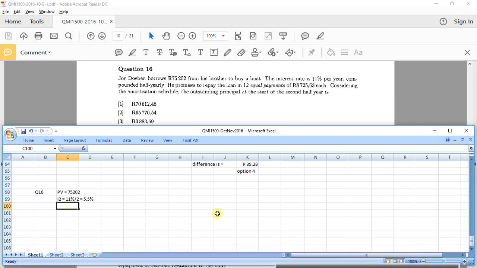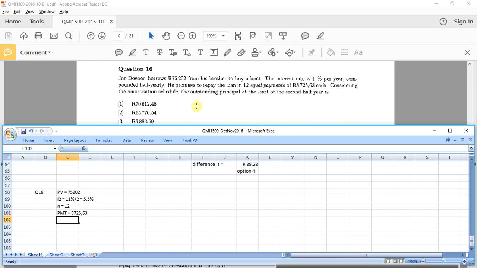Then you've got he promises to repay the loan in 12 equal payments. So they've already told you there's 12 equal payments. They've given you the number of payments, so N is just 12. And they tell you that the PMT is 8725,63.